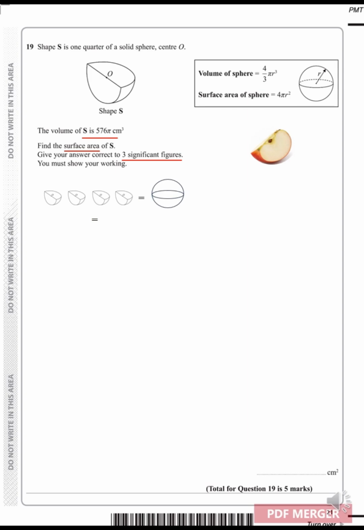So let's start with the volume of a sphere. 576π is equal to 4/3 πr³ multiplied by 1/4. Now, simplify the right side of the equation. 4/3 π multiplied by 1/4 will simplify in your calculator to 1/3 π. So 576π is equal to 1/3 πr³.